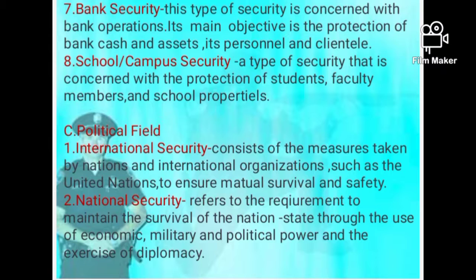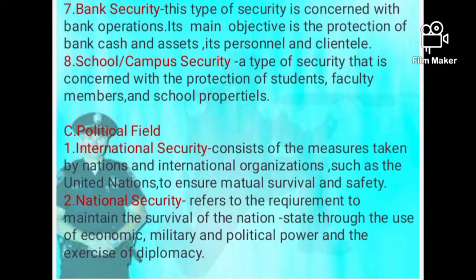C. Political field. Number 1. International security consists of the measures taken by nations and international organizations such as the United Nations to ensure mutual survival and safety. These measures include military action and diplomatic agreement such as treaties and conventions.